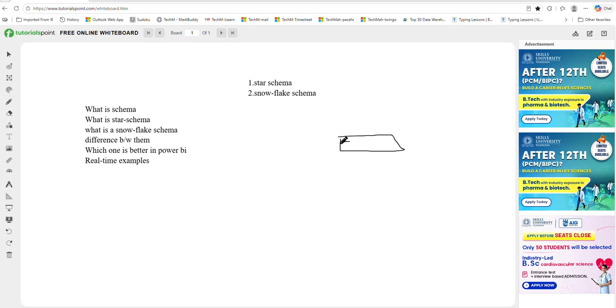This is a star schema. This is the central table, and this is the fact table.